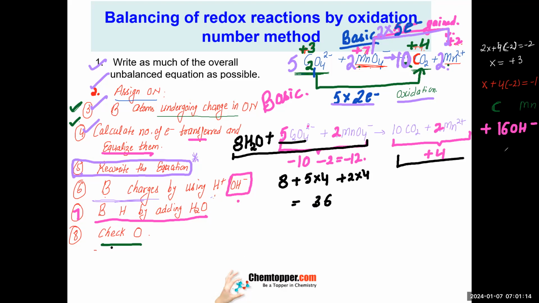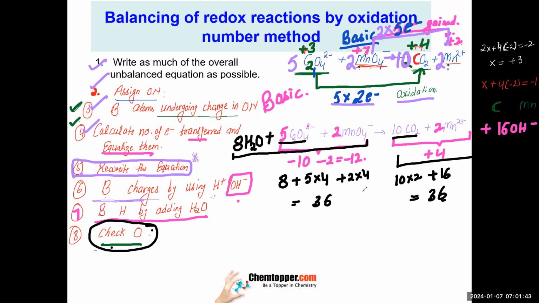Check, do we have 36 here? 10 times 2 due to this and 16 from there, 36. No error. So children, are we okay? So this is your completely balanced equation. There is no error when I'm checking the oxygen. See, oxygens are balanced, hydrogens are balanced.